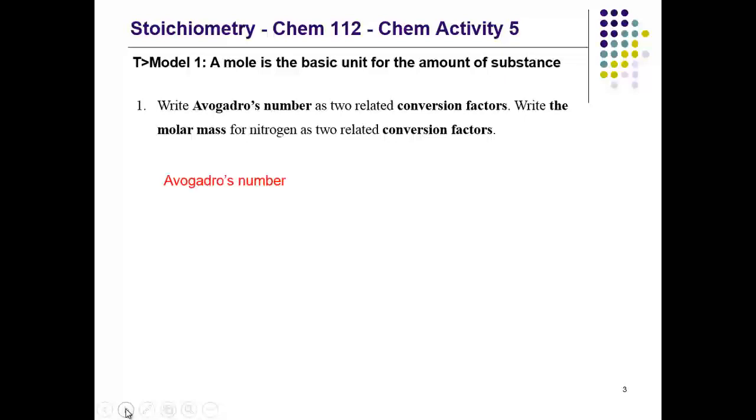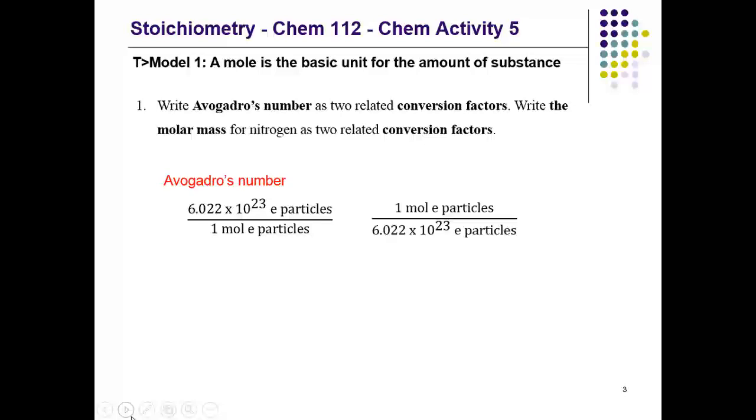So for Avogadro's number, the conversion factor could be 6.022 times 10 to the 23 E particles per 1 mole of E particles. Now E in this case means elementary particles. I'm not specifying what they are, but if they were atoms, it would be 6.022 times 10 to the 23 atoms per 1 mole of atoms. Now we can write it like this, or we can also write it in the second fashion.